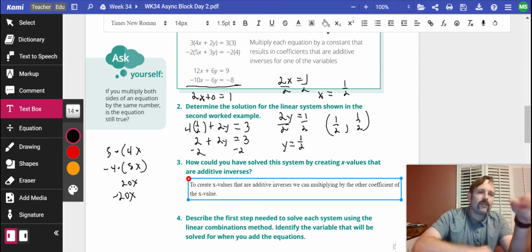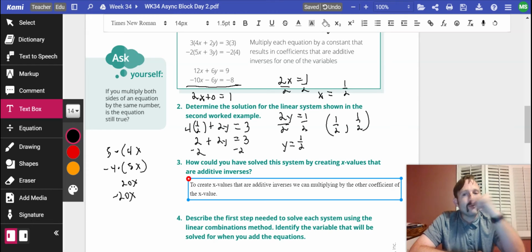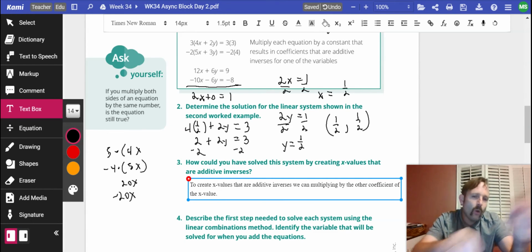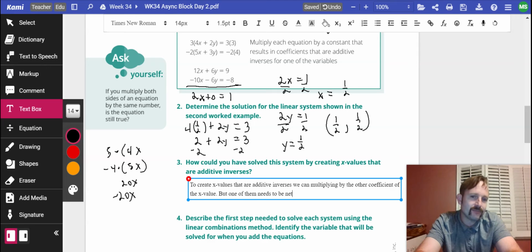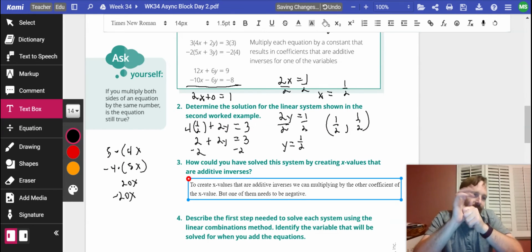So for example, the 4x, we're going to multiply it by 5 because the 5 is the other coefficient's value. And we're going to multiply the 5x by 4. But one of them needs to be negative. Otherwise, we're going to have 20x plus 20x, and that's not 0, that's 40x.